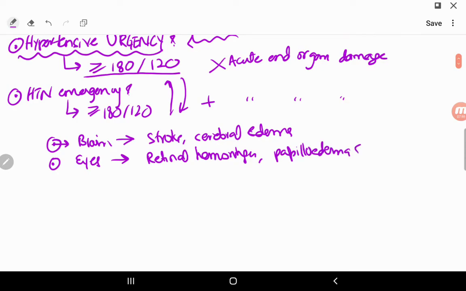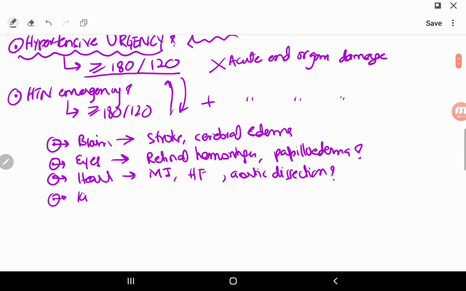These are some of the things that are on top of my mind. If your heart is impacted, then you can see myocardial infarction, heart failure. You can even see aortic dissection. Alright, etc. If, for example, your kidney is impacted, then you can have acute kidney injury.